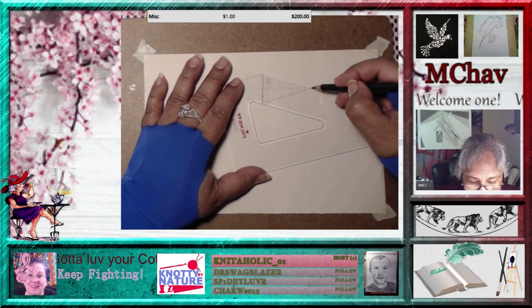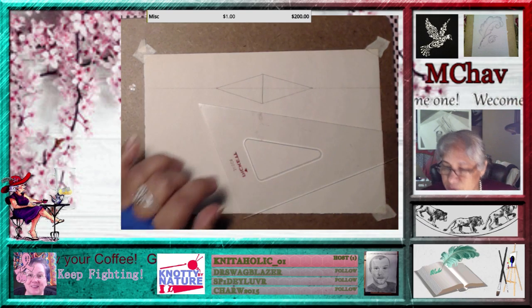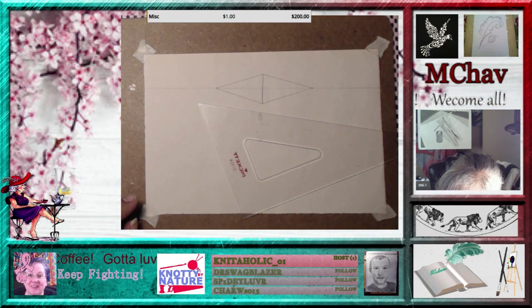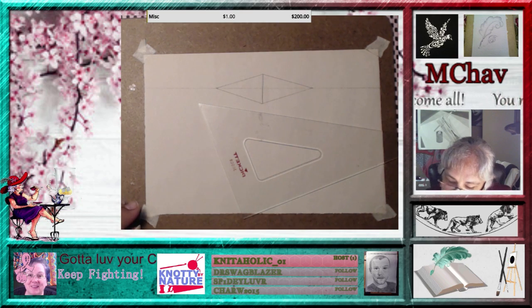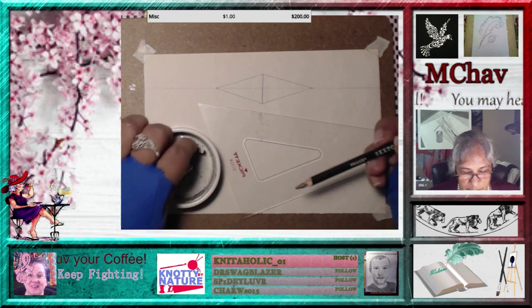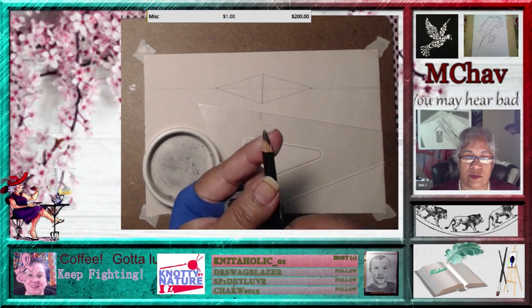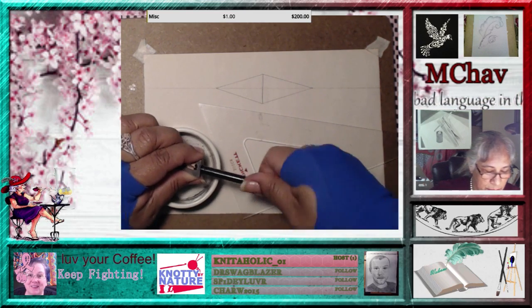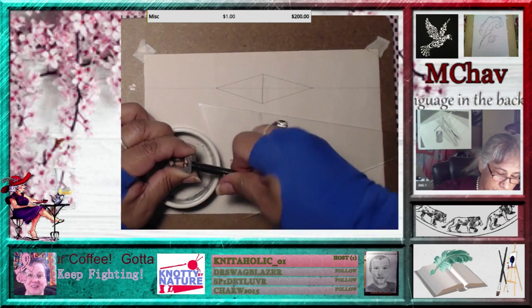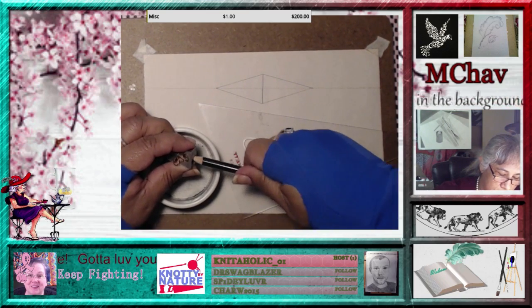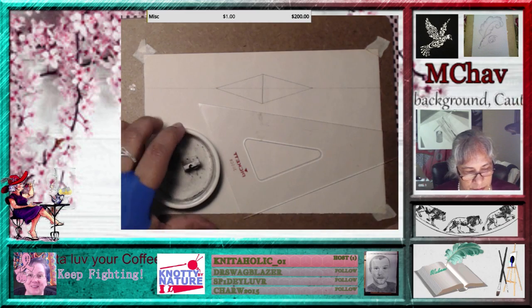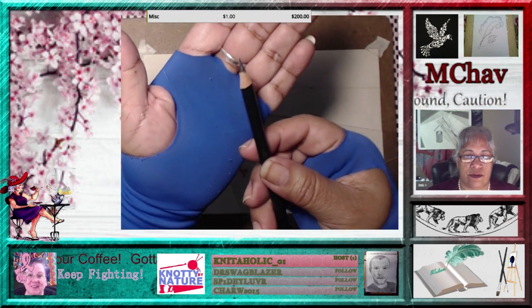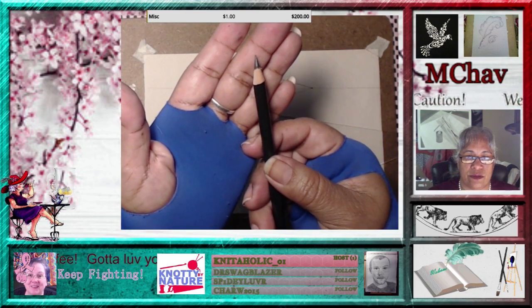Again here to there. Let me sharpen this thing, because I have a really super dull point here. It's making my lines thicker. There we go, nice fine point.